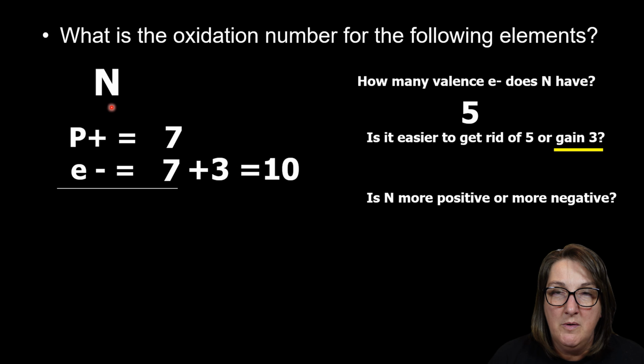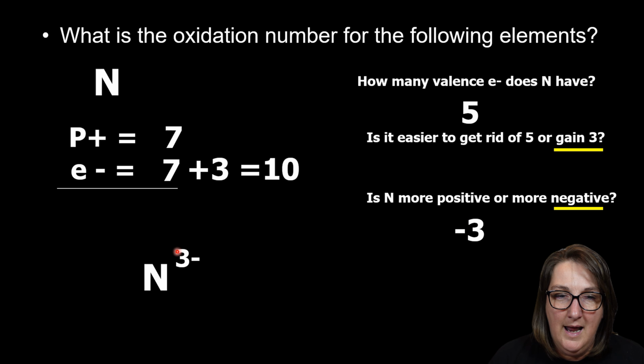Is nitrogen going to be more positive or more negative? It's going to be more negative. By how many? 3. Okay. So you'll be more negative by 3. So we write that out as 3 minus. We do a little minus here. And I can't just put a minus this time, right? Because I'm showing I have 3 electrons and not just 1.